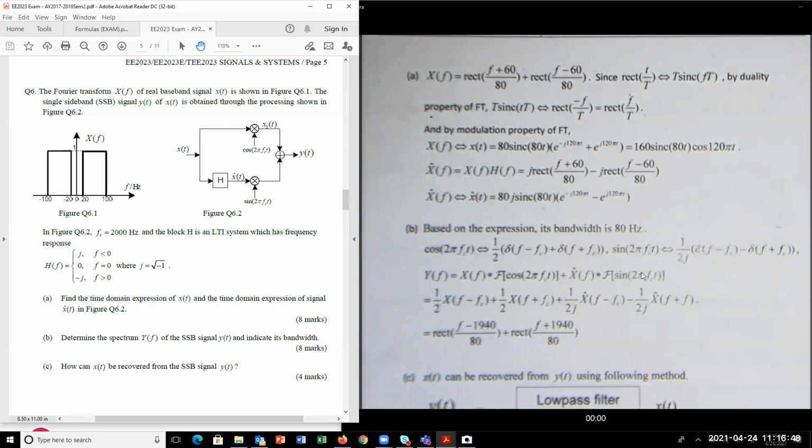The positive part is delta F minus FC. The negative part is delta F plus FC. So each of these will shift the X hat to these two positions. That's why you see here, this is the positive F, this is the positive F, and this is the negative F.